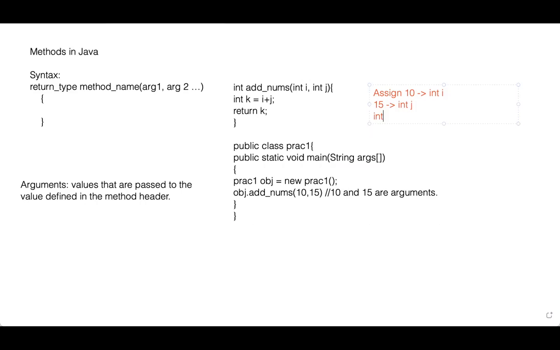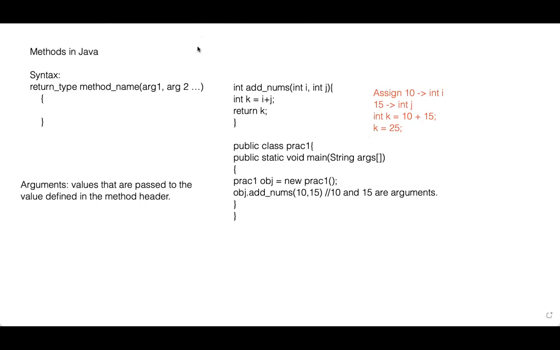So int k is equal to 10 plus 15 in this same order, and it's going to return the value k is equal to 25, right?